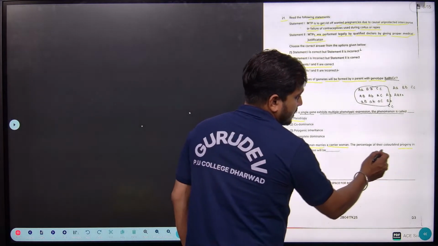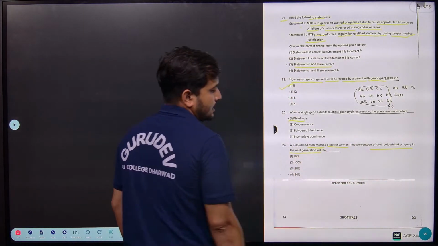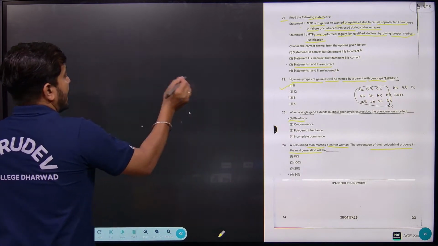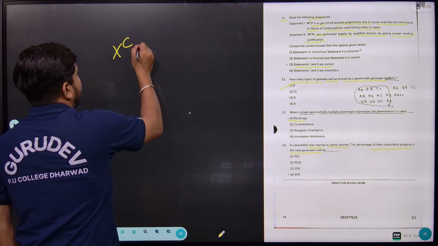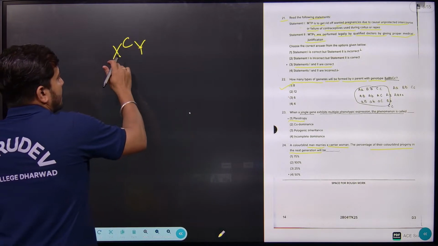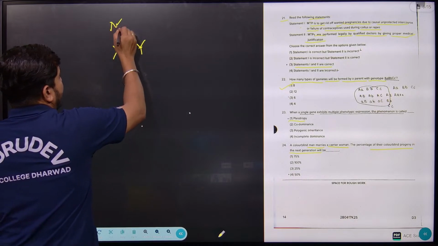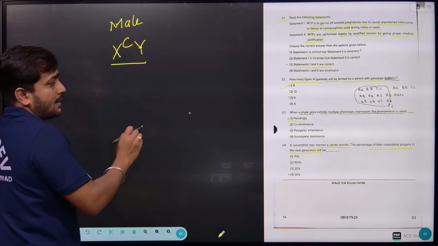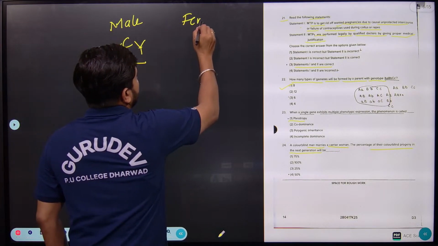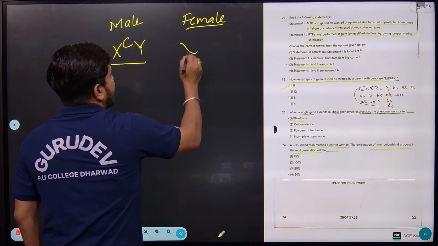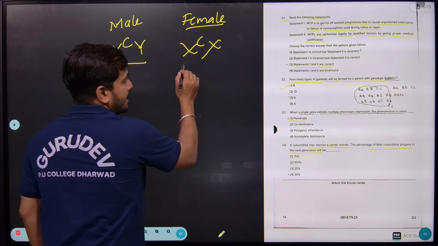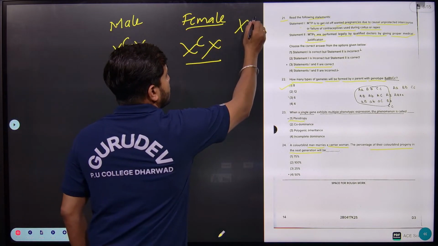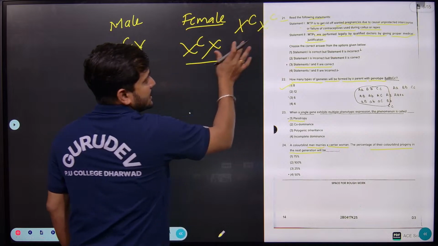Then: a color blind man marries a carrier woman. The percentage of their color blind progeny in the next generation will be? How are we going to find out? A color blind man marries a carrier woman. Color blindness is an X-linked disorder. If the male is affected, the color blind male is X^C Y. With respect to the female carrier, I write X^C X. She is a carrier, so if she is carrying the disease, I represent it like this, understanding?